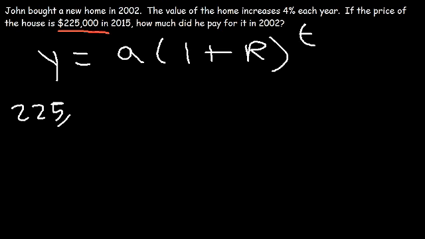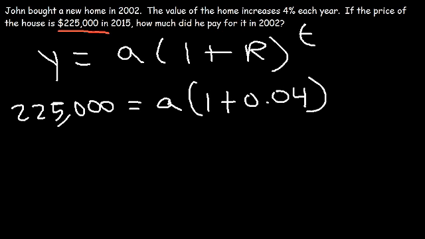So in 13 years, the value of the home increases to 225,000. We need to find out how much it was worth 13 years ago. r is going to be 0.04, and t is going to be 2015 minus 2002, which is 13.